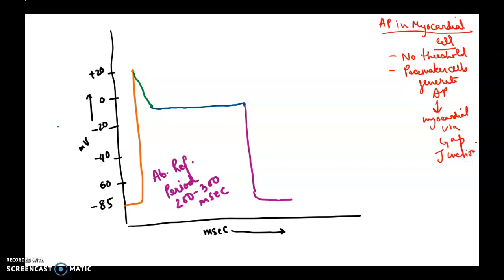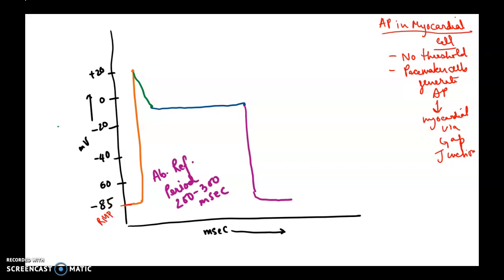And then as the action potential enters these myocardial cells, boom, voltage-gated sodium channels open up. These myocardial cells maintain a resting membrane potential at negative 85.